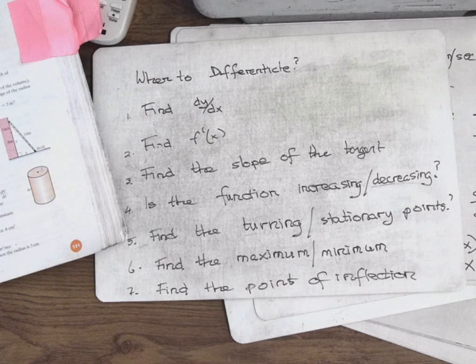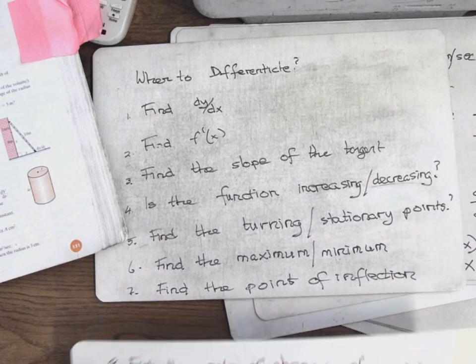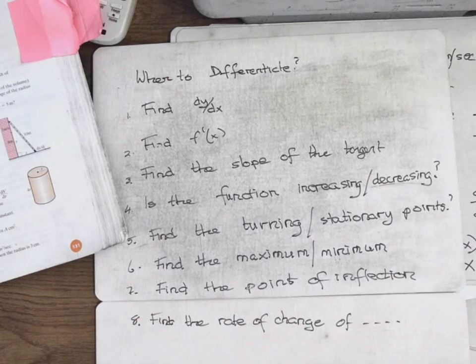You look for the turning points. If they say find the point of inflection, you differentiate. And finally, if they say find the rate of change of something, you differentiate. So just 8 situations where you know to differentiate.